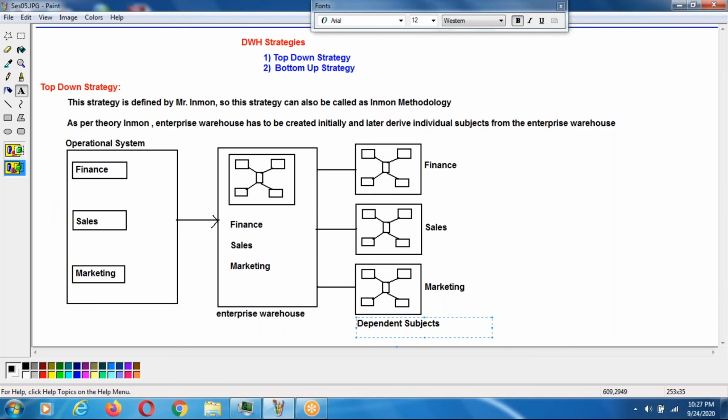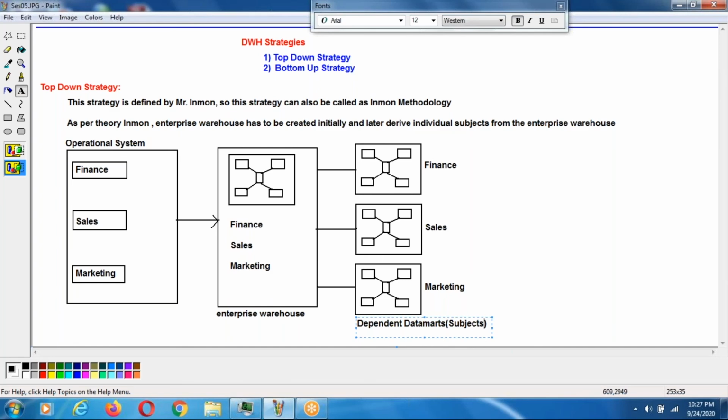But in general, in the context of strategies or from the warehouse perspective, instead of saying subjects, we'll use some other name. What is that name? We'll use a term called data mart. So finance data mart, sales data mart, marketing data mart.